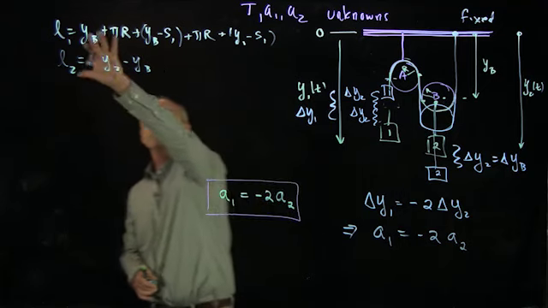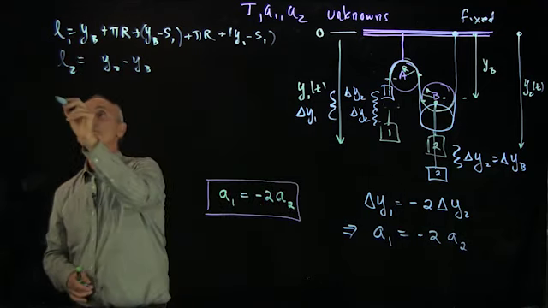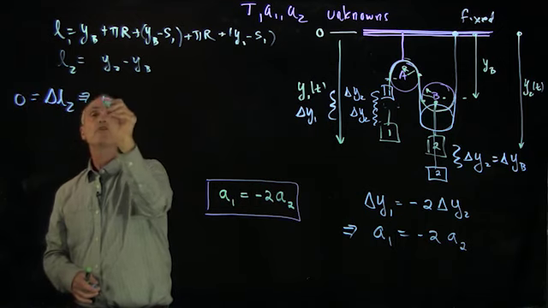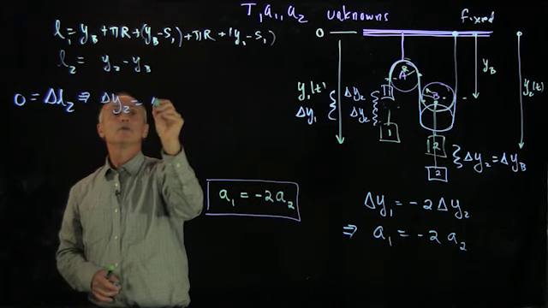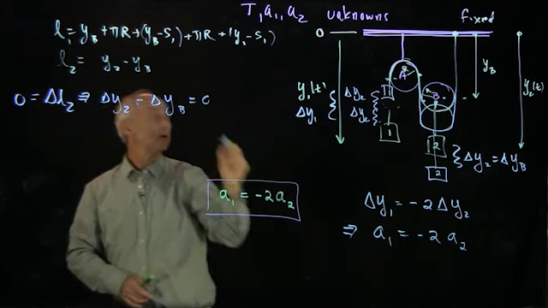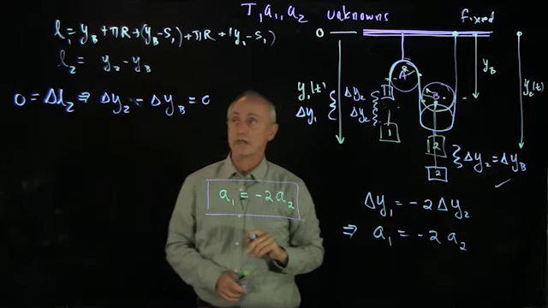But let's come back to our two conditions for length and see the same thing here. Because delta L2 is 0, this tells us that delta y2 is equal to delta yb, so we'll write delta y2 minus delta yb equals 0. And that was our condition, that the block and 2 are moving together.